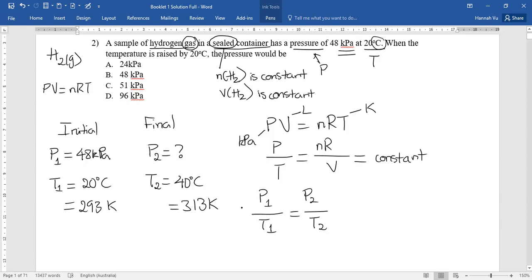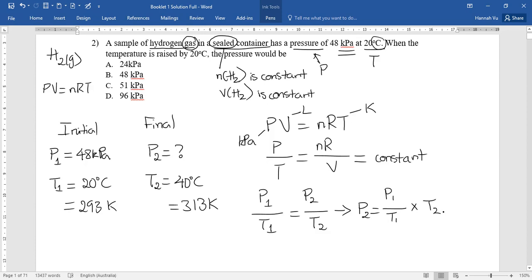My plan here is I need to find P2, and that shouldn't be too difficult. You just need to solve this equation. So if P1 over T1 is equal to P2 over T2, then that stands to reason that P2, which is the unknown here, is going to be P1 over T1 times T2.